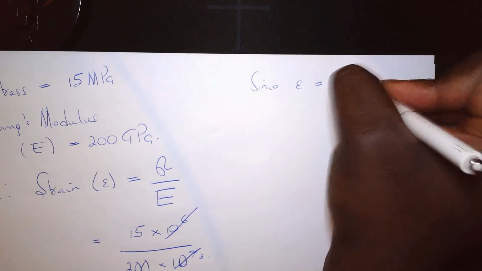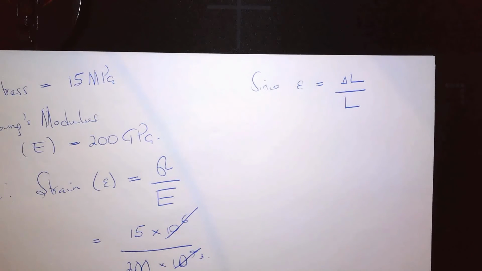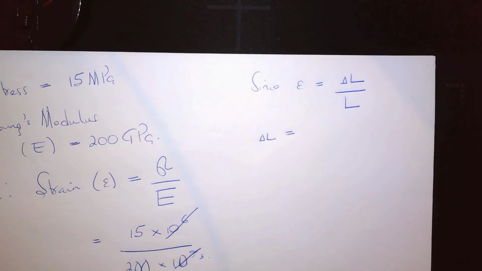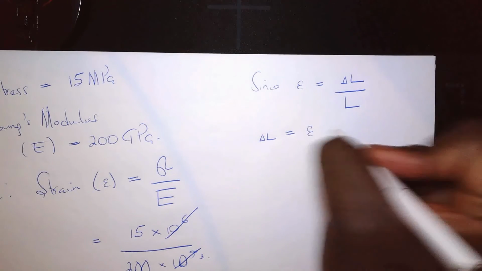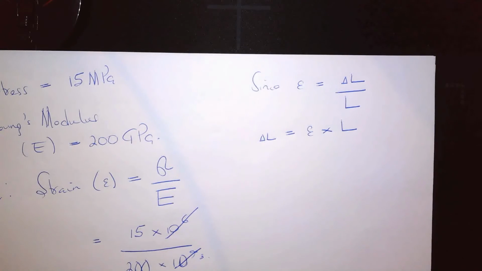So since strain is equal to the ratio of the change in length or the extension divided by the original length, if we make delta L the subject of this equation, then that becomes the strain times the original length.